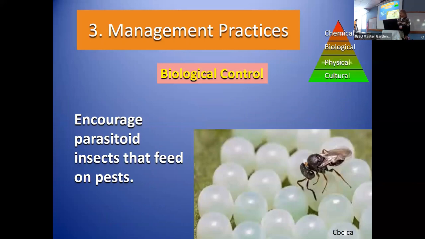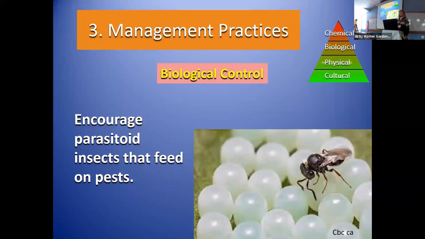You'll also want to encourage these parasitoids. These are really an important key here in terms of beneficial insects. So we said they're going to parasitize other insect pests. And there's this little samurai wasp that we talked about in terms of the brown marmorated stink bug. Now, both the brown marmorated stink bug and the samurai wasp are from Asia.